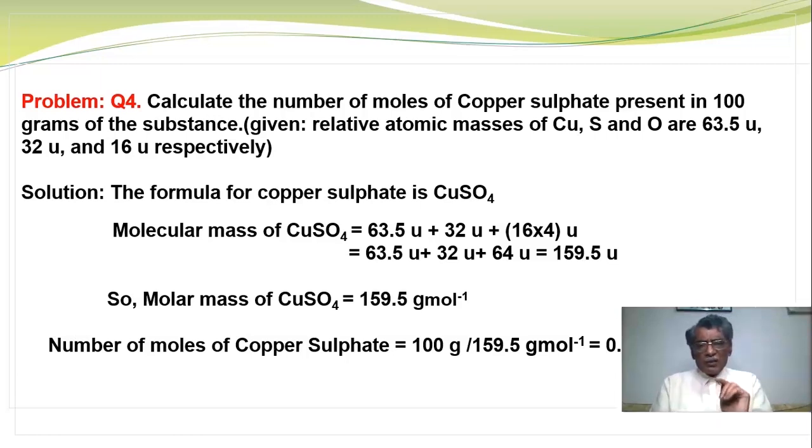So molar mass of CuSO4 is equal to 159.5 grams mole inverse. Then the number of moles of copper sulfate is equal to 100 grams upon 159.5 grams mole inverse. That gives us 0.627 moles.